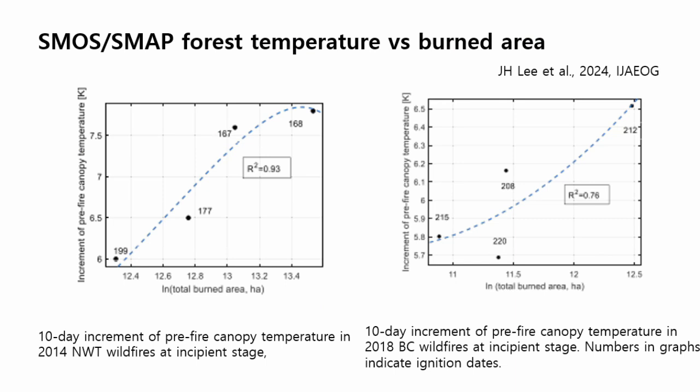Because MODIS fire radiative power has limited predictability, it would still be interesting to look at some other options, which would again be forest temperature. Forest temperature, like we just briefly explained, is an indicator of sensible heat and fire spread.